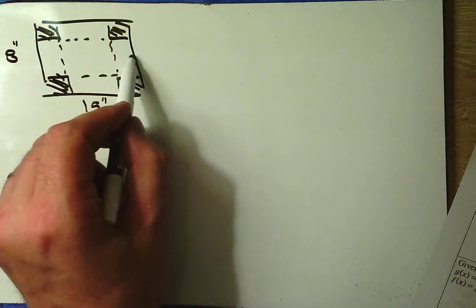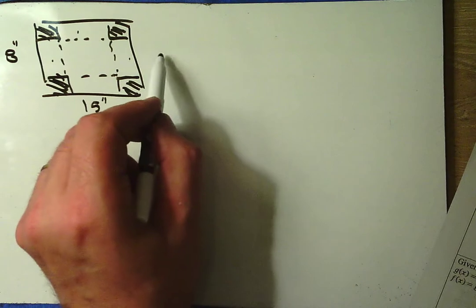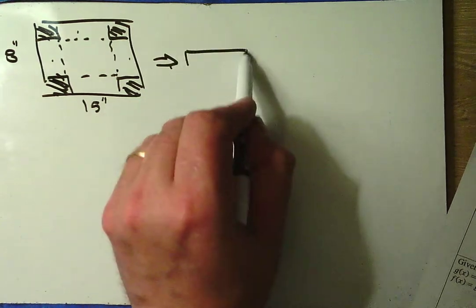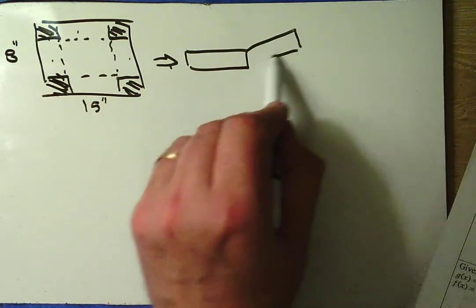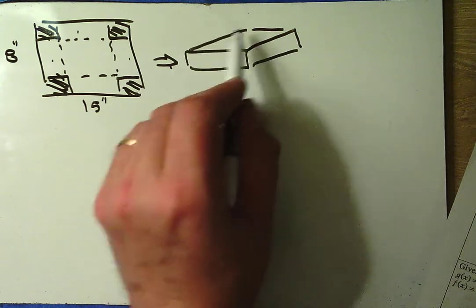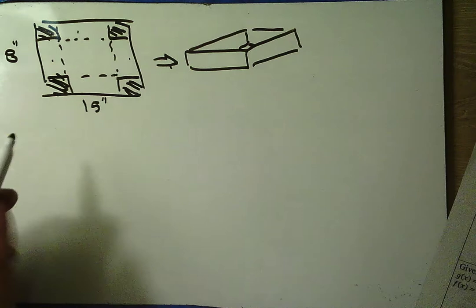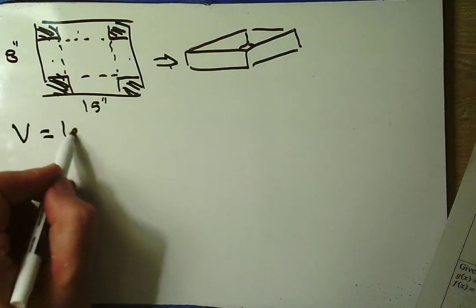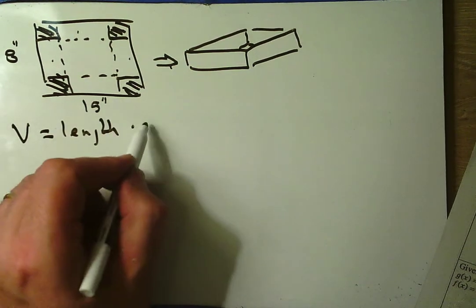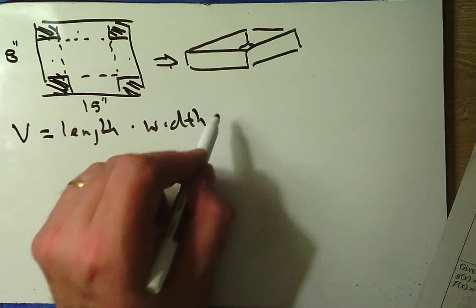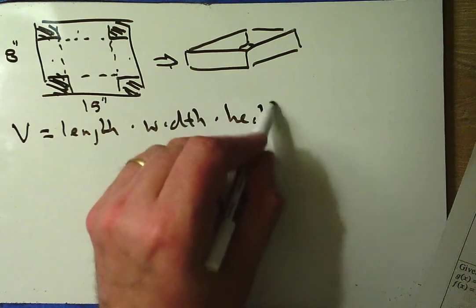If I fold these flaps up, it's going to make an open-topped box. Now, the volume of this box is length times width times height.